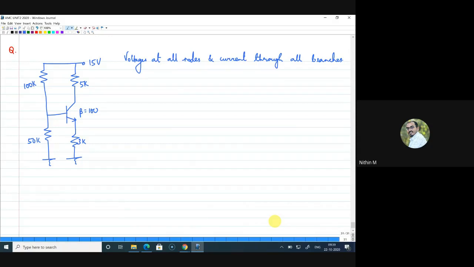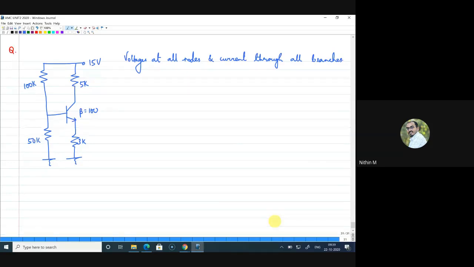All right. Laksh, your question is why is VB 0.7, why not 0.8? Laksh, can you unmute? Yes, sir. Yeah, so typically for a silicon transistor, we consider the base emitter junction as 0.7. So 0.7 is fine. For 0.8 the transistor is definitely on.